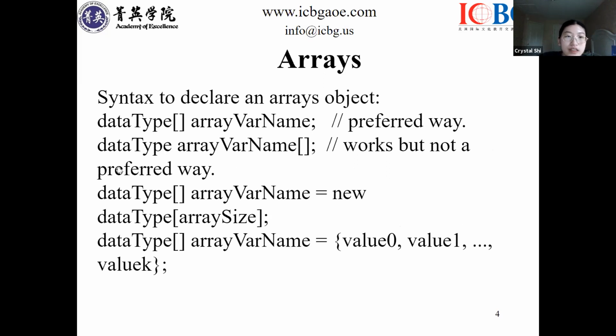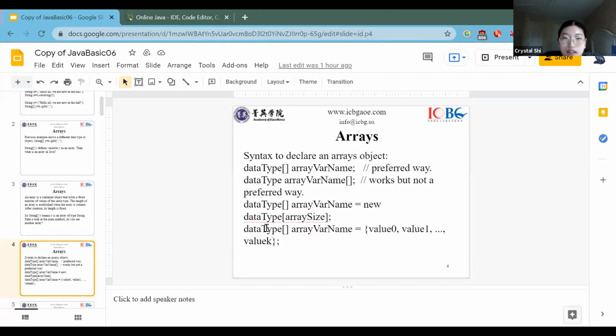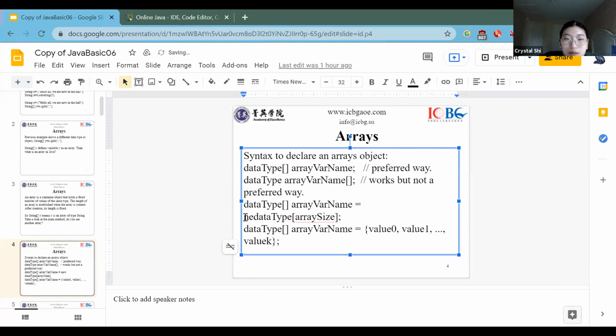You can also do data type without the brackets and then do array variable name with brackets at the end, but that's not the preferred way to do it because that's kind of a weird way. Normally you want the type to be at the beginning and all together. So it makes more sense to put the brackets with the data type. And then here you can see, oh, why is this? Should all be on one line.